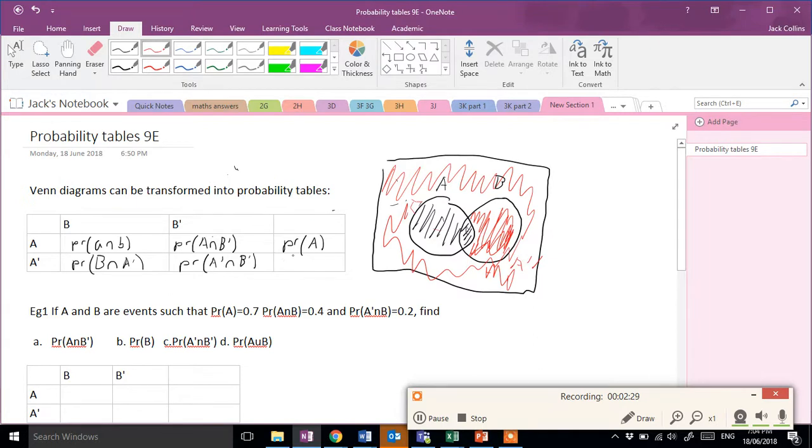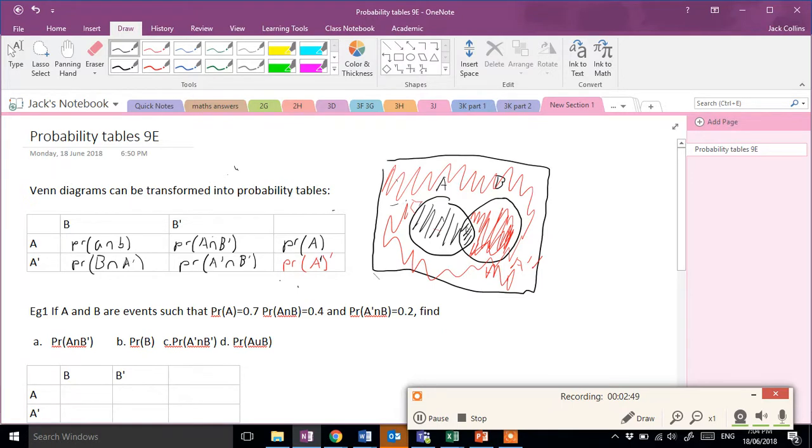Then you're going to be left with everything on the inside. So that would show up in here, probability of A dash, and that's the complement of A.